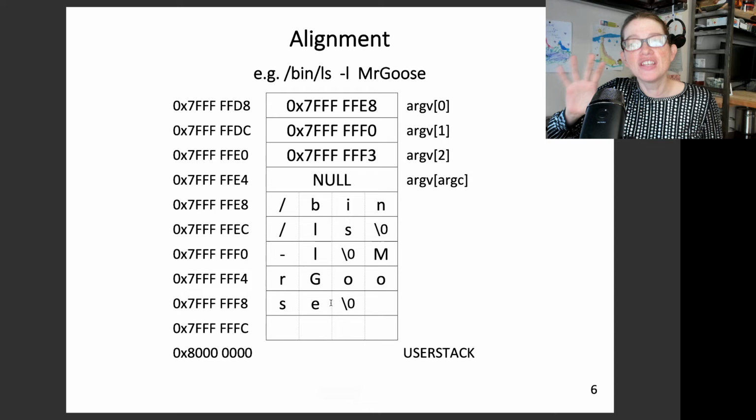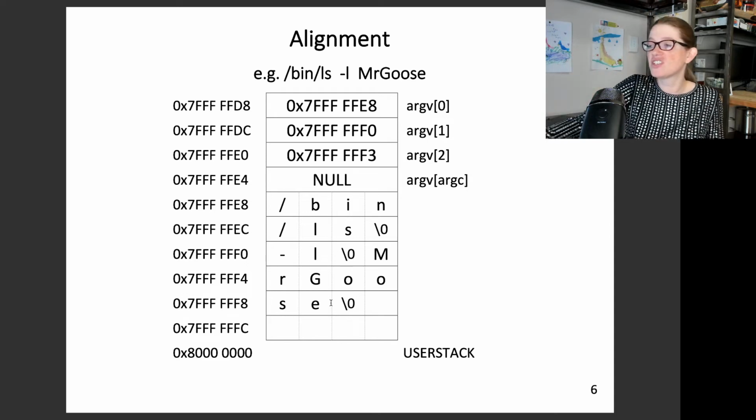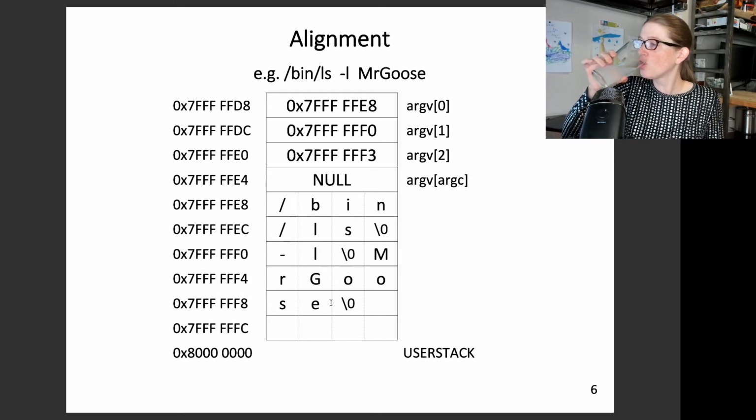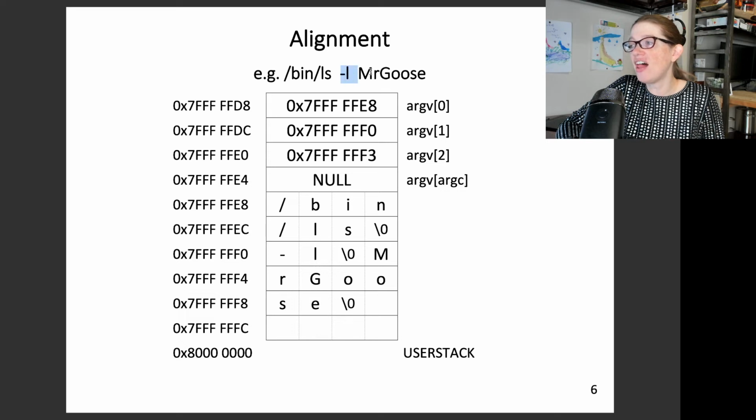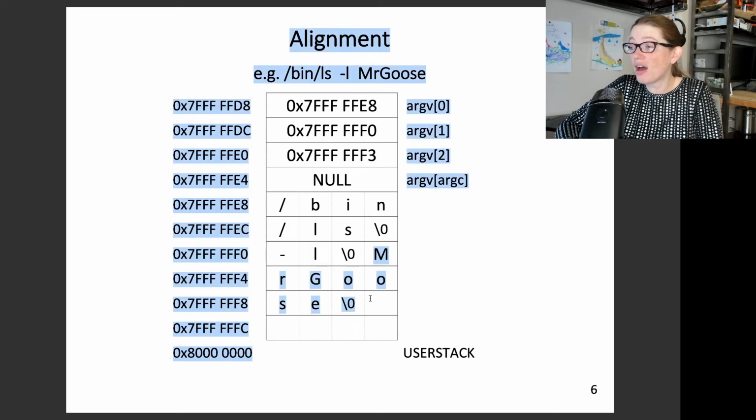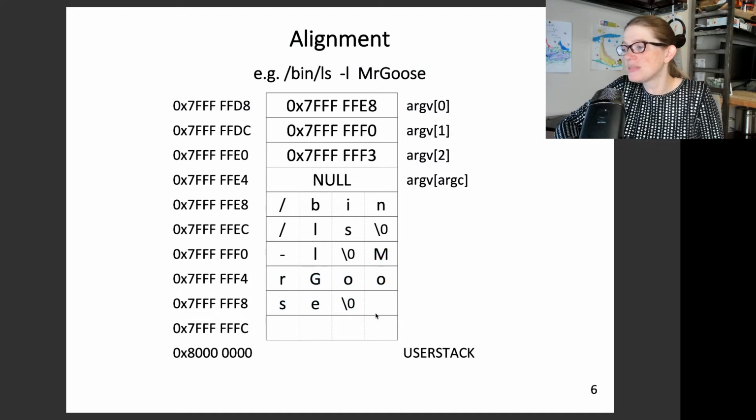Now I want to show this to you so you can actually see what it looks like. So here is an example stack. As you can see, we have actually pushed these arguments. There are 2 arguments, -L and Mr. Goose. So I have Mr. Goose here at the bottom, and you'll notice there's some extra space here.